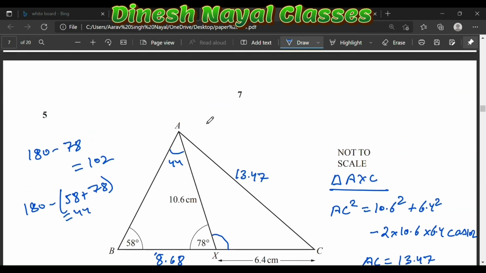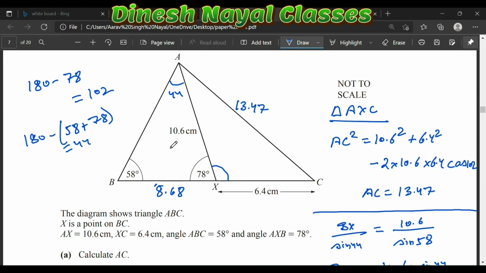Now for the ABX, as you can see, we will use the area formula, half of AB sine C, which will be half of 10.6 into 8.68 sine 78.